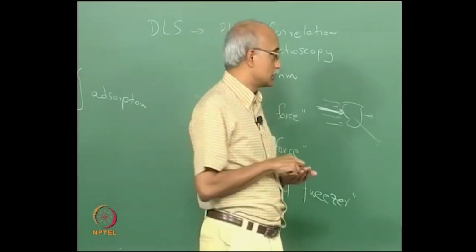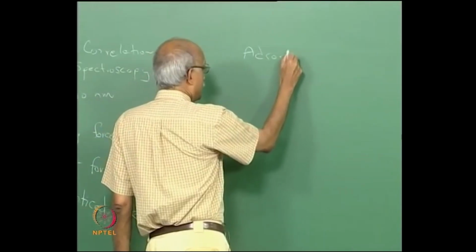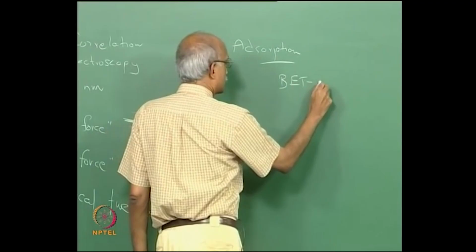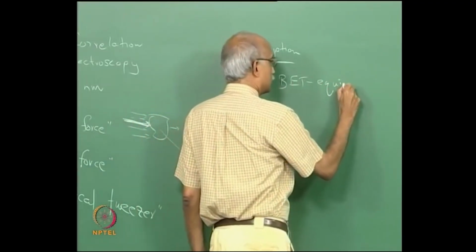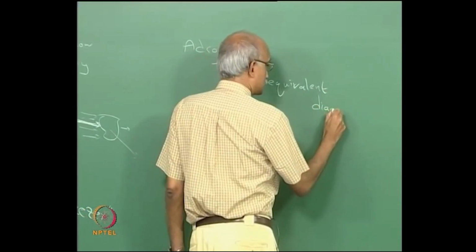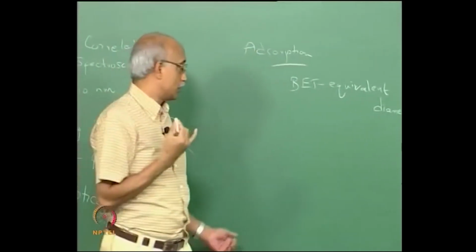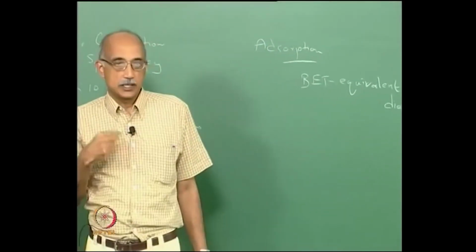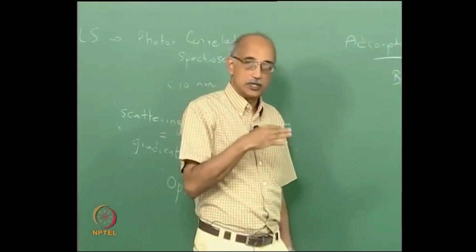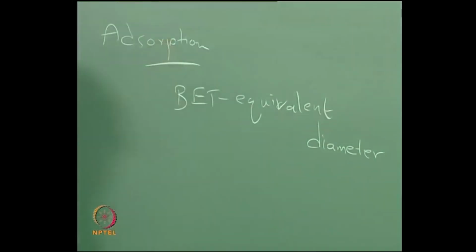So, this diameter that you obtain by using adsorption as your technique is called the BET equivalent diameter, where this is named after Brunauer, Emmett and Teller, who are the scientists that really developed the theory of multilayer adsorption, extending the previous work by Langmuir on the Langmuir adsorption isotherm, which assumes monolayer adsorption.